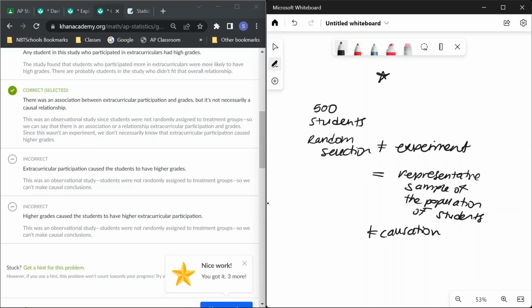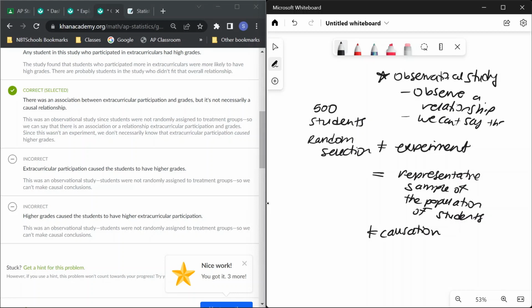So note, in an observational study, we can observe a relationship, but we can't say that one treatment or variable causes another.